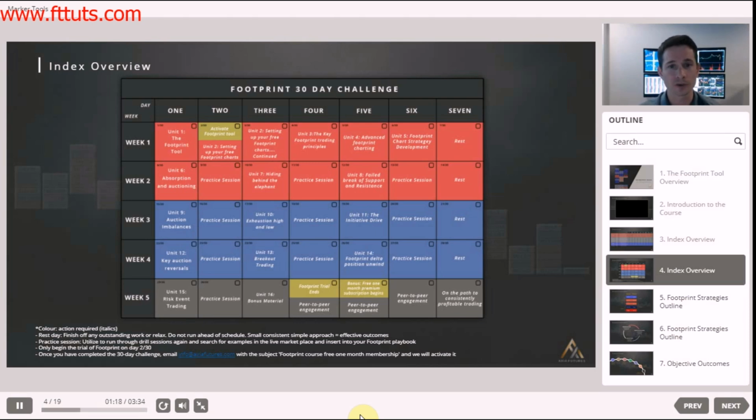Also, after every strategy unit, I have allocated a day of practice. Now, these days of practice can be utilized for one of two things. One, you can either play catch up on maybe a unit that you haven't completed yet, or you can go back over the strategy unit just to make sure you understand the strategy.